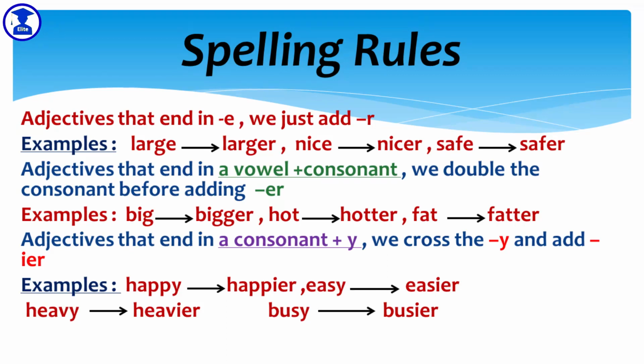Finally, if the adjective ends in a consonant plus y, we cross the y and add ier, such as happy, happier than, easy, easier than, heavy, heavier than, busy, busier than.